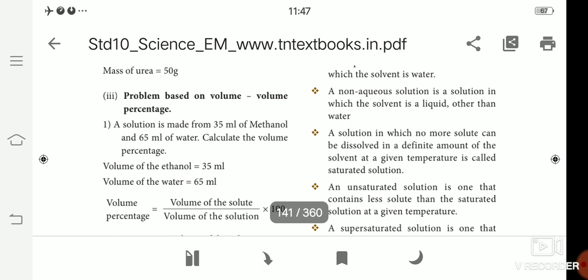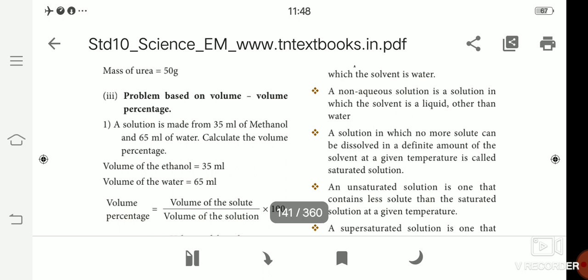Volume percentage is the volume of solute divided by volume of solution, where solution is solute plus solvent, into 100. Volume of solute is 35, volume of solution is 100, into 100. So the volume percentage is 35 percent.